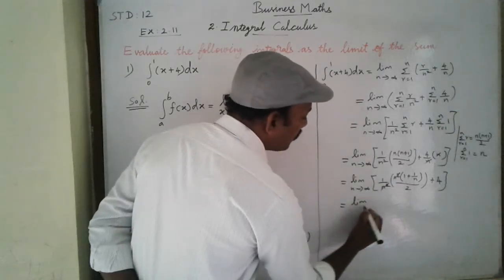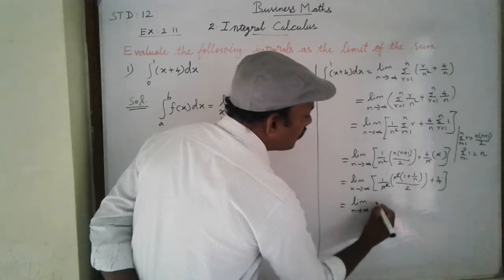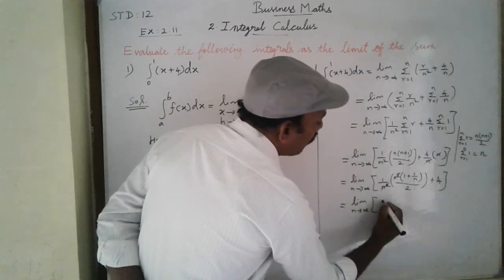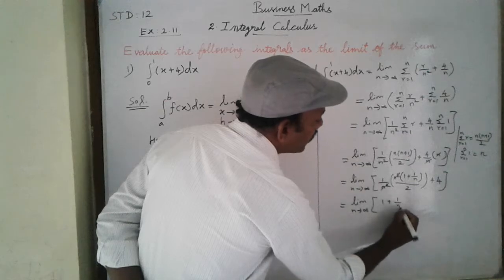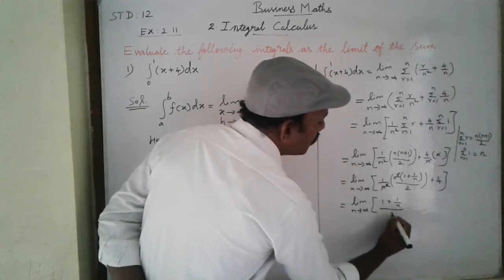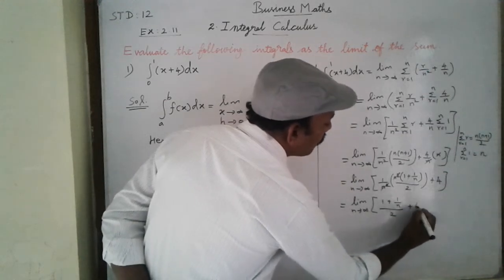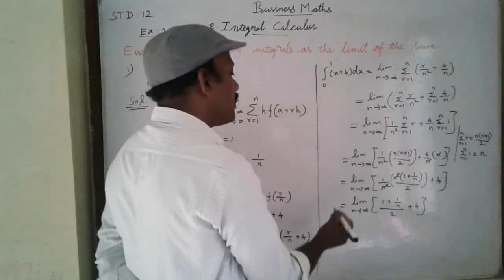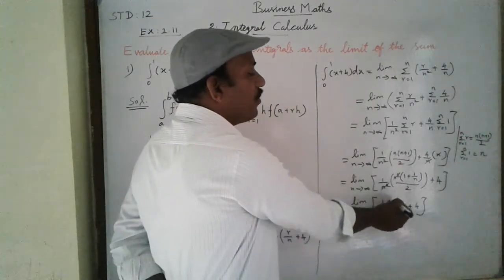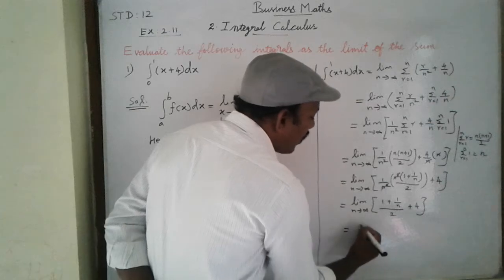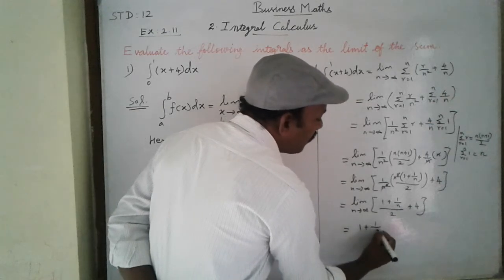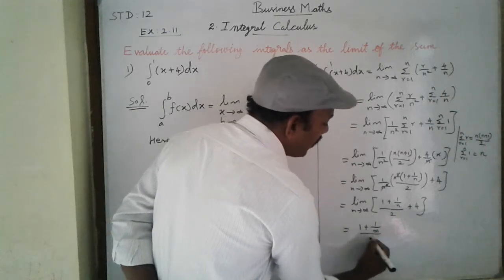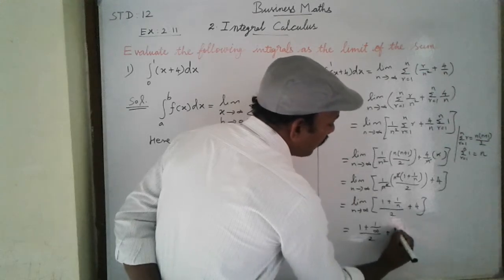Limit n tends to infinity, 1 plus 1 by n divided by 2 plus 4. So we should substitute n value here, limit value infinity there: 1 plus 1 divided by infinity divided by 2 plus 4.